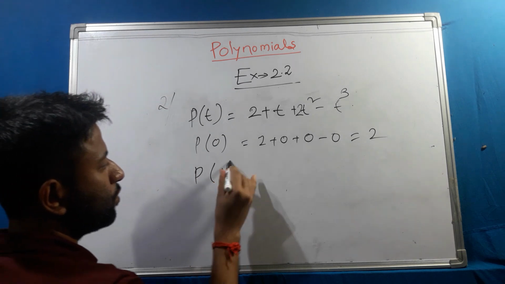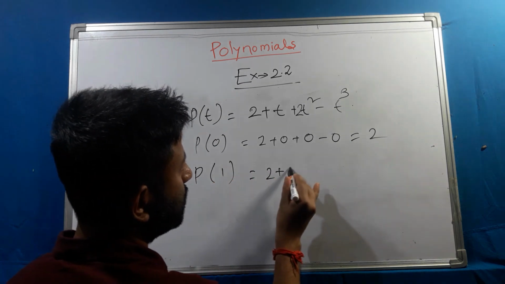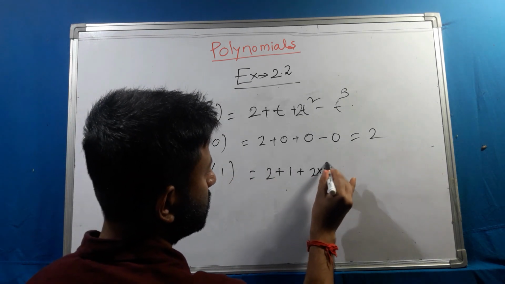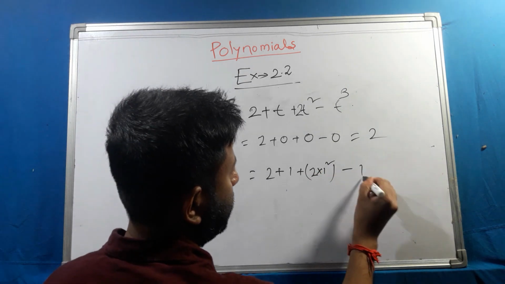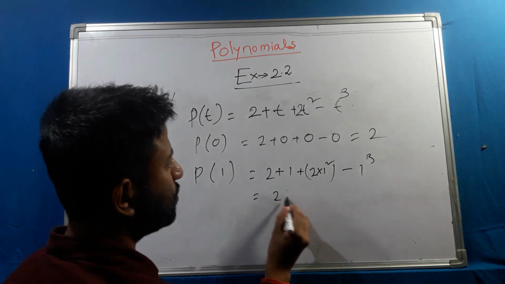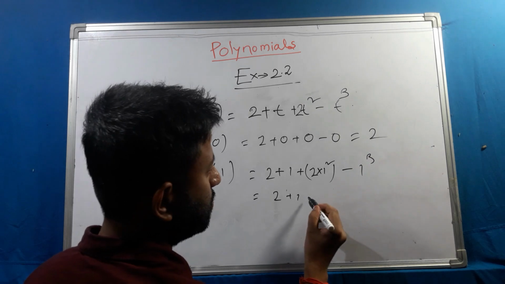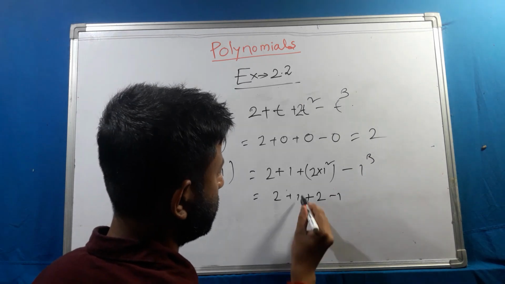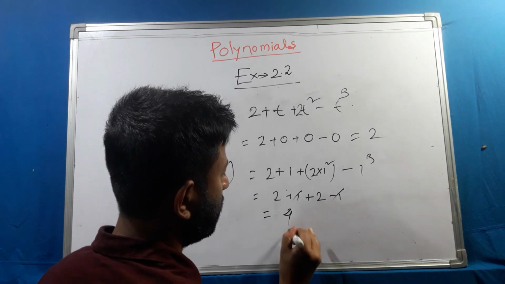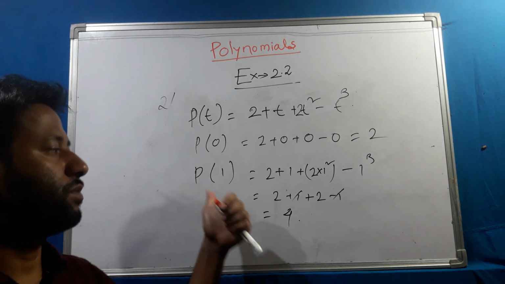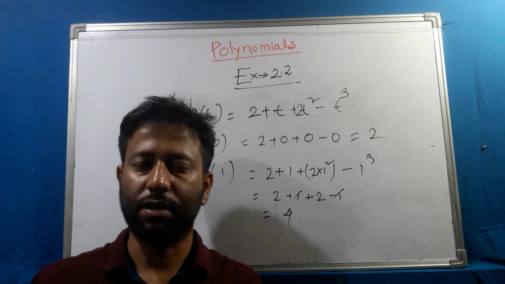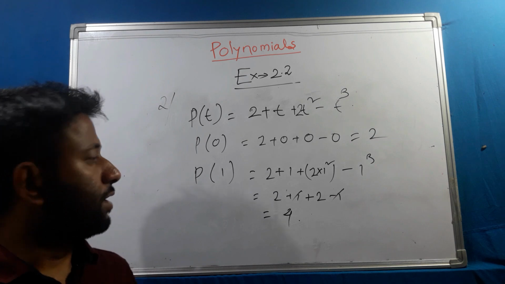If we put 1, it becomes 2 plus 1 plus 2 into 1 square minus 1 cube. So it becomes 2 plus 1 plus 2 minus 1, plus 1 minus 1 cancel, this becomes 4. In the same manner we have to put 2, solve the equation and check the results.